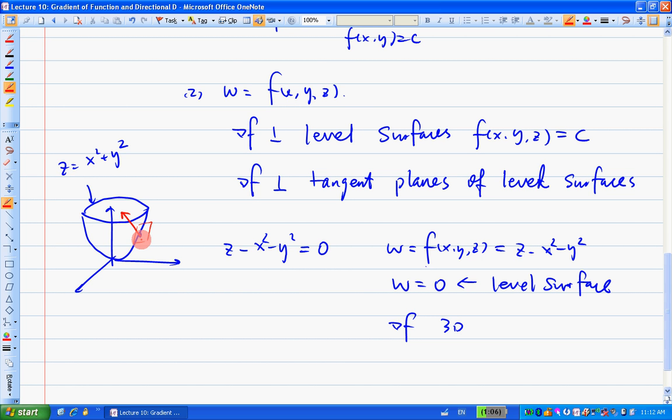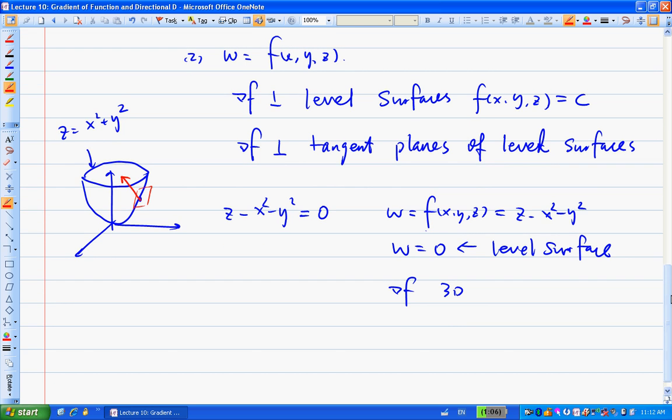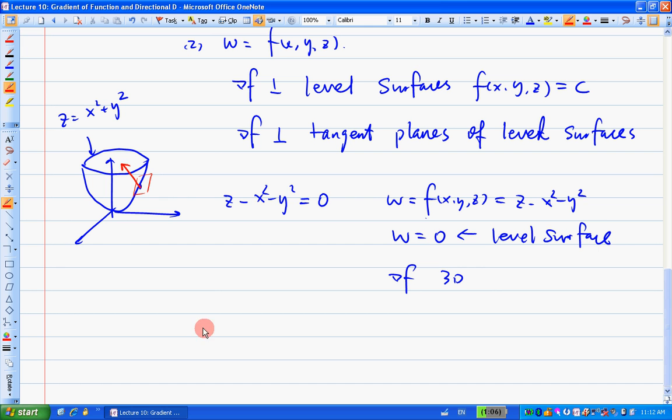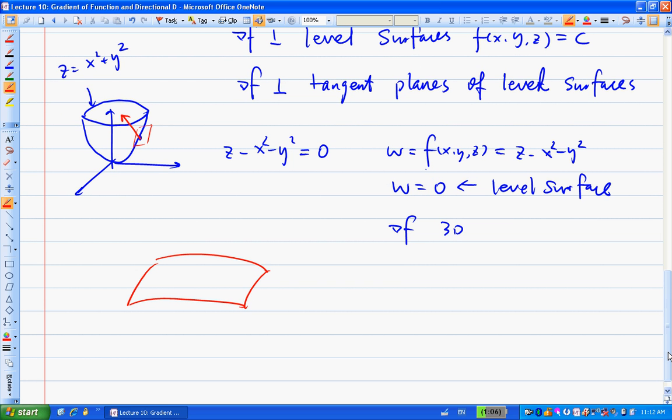So this brings us to a very quick example, but first I'm going to try to prove this 3D case. Why is this del f perpendicular to a tangent plane of that level surface? Well, let's quickly prove that. Let's say I have an arbitrary surface here, and I'm interested in a point at this location on the surface.